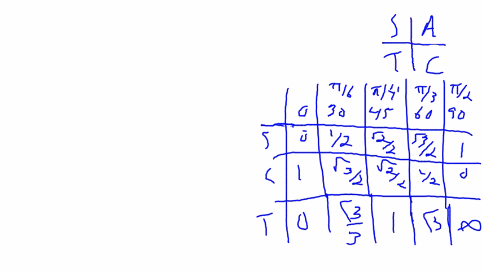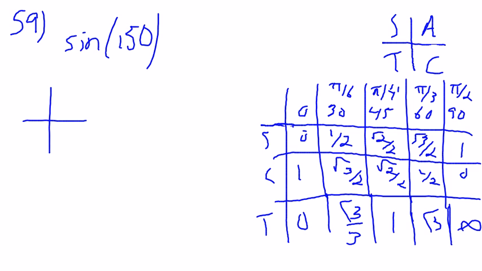Okay, now I'm going to move on to some of the ones where I'm actually finding the sine and cosine of things. So, for example, number 59 says to find the sine of 150. First thing I do is graph it. So I go around like this.